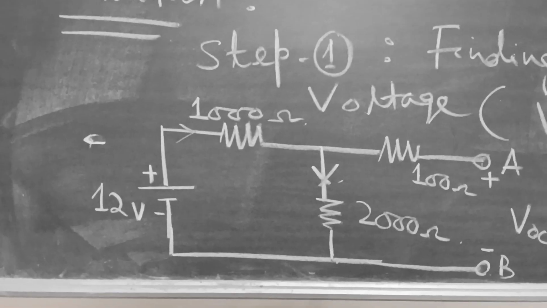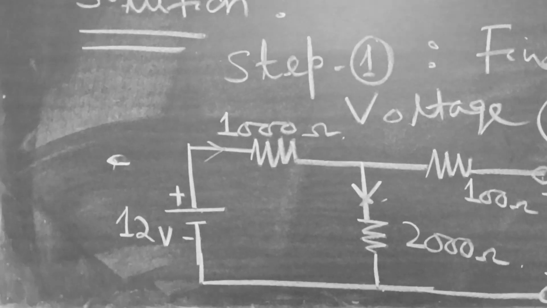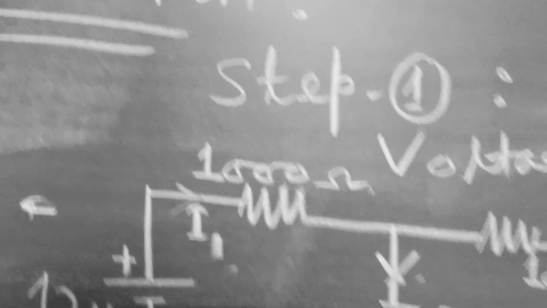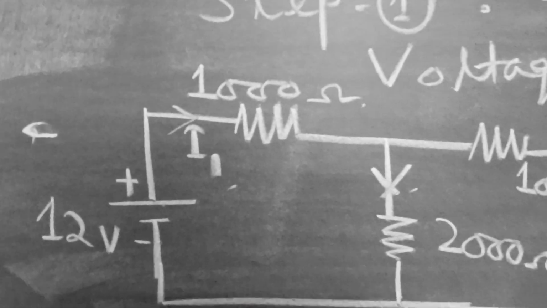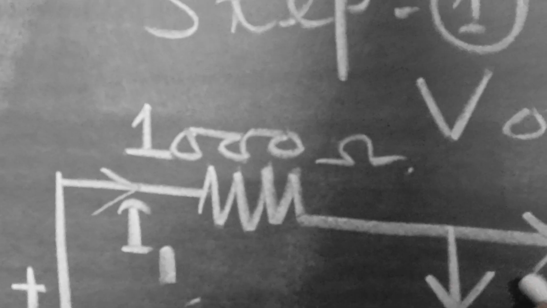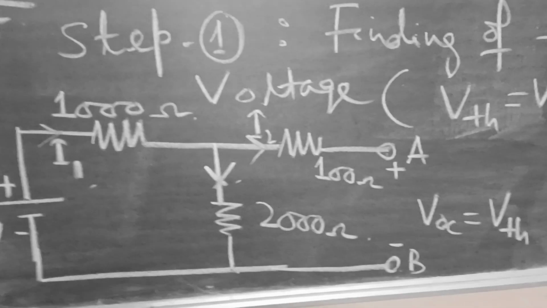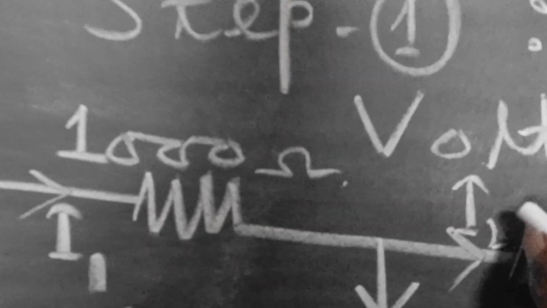Again, due to the 12 volt source, let I1 current flow through the 1000 ohm, and say I2 current flows through the 100 ohm. But I2 now becomes 0.